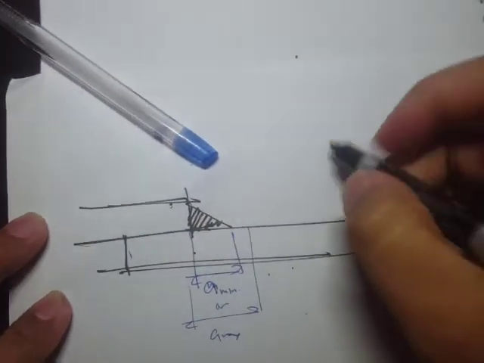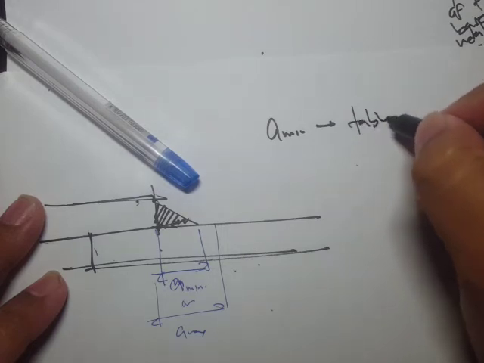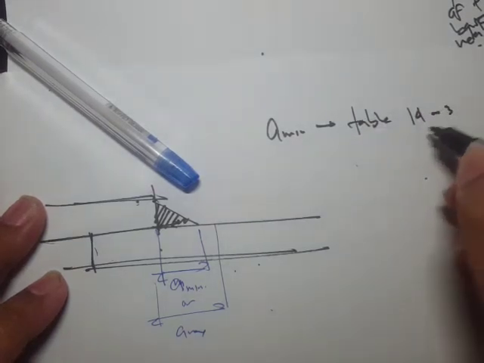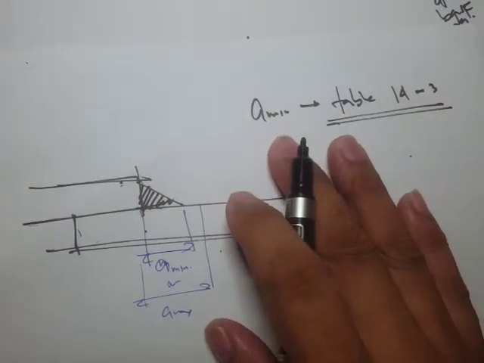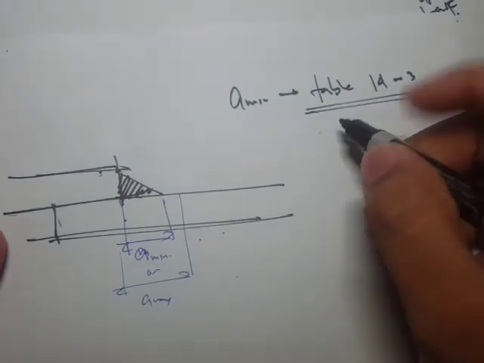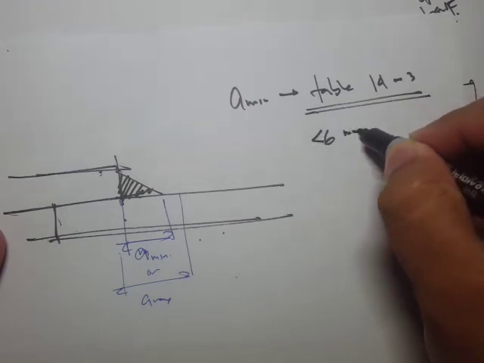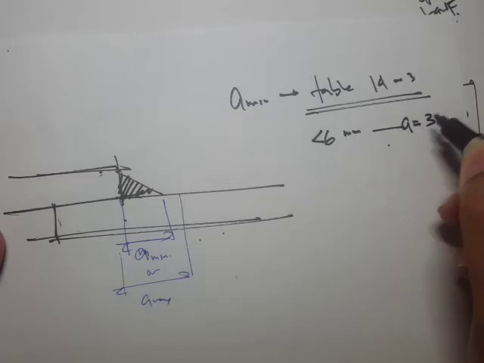For the A min, we can obtain that from the table. That's in our lecture notes as Table 14-3, and of course this is just coming from the code. It says here, if we have a thickness of, for example, 6 mm and lower, then our A is equal to 3 mm.